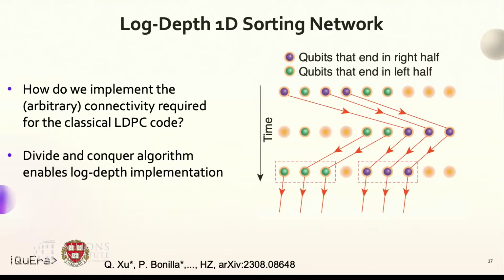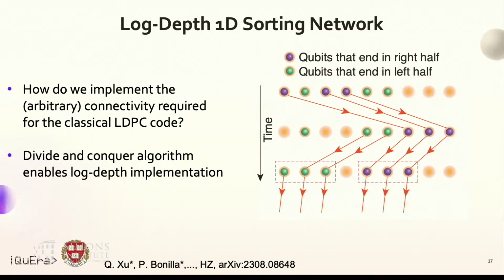So we can do a one-dimensional sorting network. The constraints are a little bit different from your usual computer science sorting networks because we're trying to move things in parallel. But nonetheless, you still get a log depth. You might not be too surprised if you think about your algorithms class. Essentially, you do a divide and conquer algorithm where you take the qubits that you want to end up on the right side.